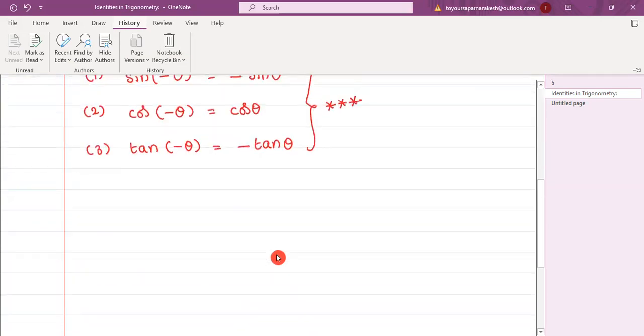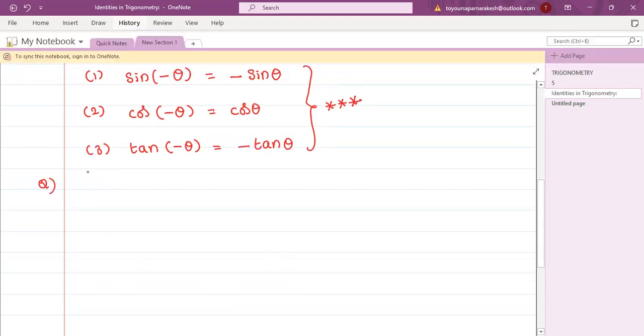Let us see one question. In the question, if sine theta is equal to 3 upon 5, then find cos theta and tan theta.